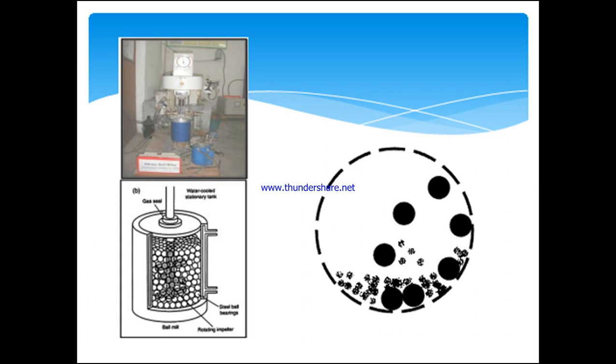But when we want to have a mass production in terms of the nanoparticle, we prefer the ball milling process. So this is the session. In this session, we have learned about the different approaches by which we can synthesize the nanoparticle, and the methods which we are going to have in the bottom-up approach as well as top-down approach we have seen, as well as in today's session we have learned about the top-down approach.